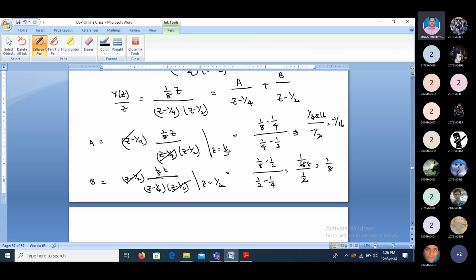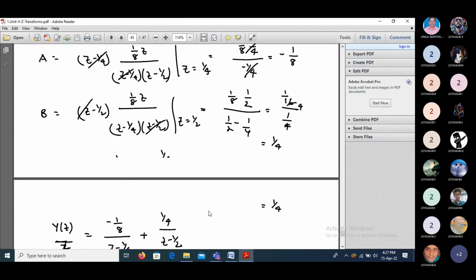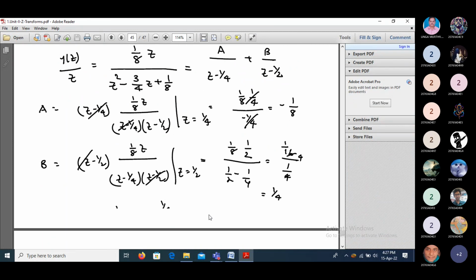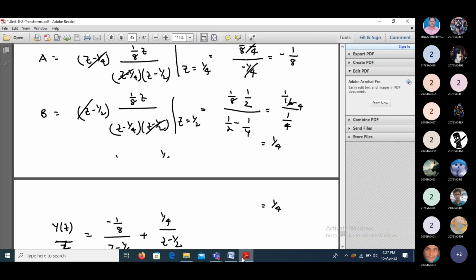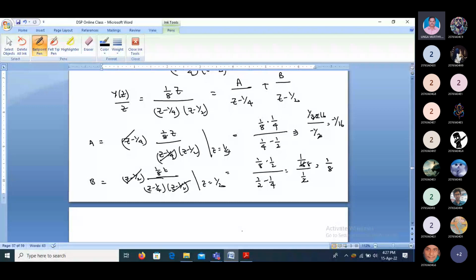So A is equal to −1/8 and B is equal to 1/4. Please check once whether the answers are correct. Whether the A value and B value are right or wrong, I don't know, but please cross-check.